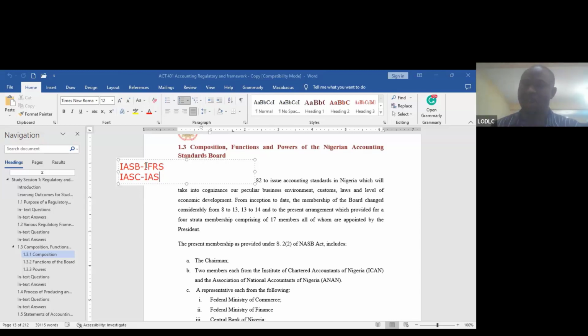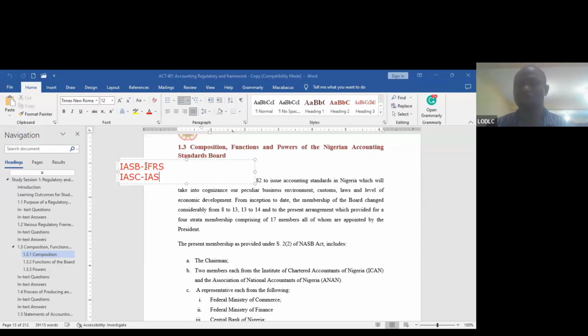International Accounting Standards Committee. Exactly. So now, the International Accounting Standards Board, which is IASB, started in 2001. Do you understand? This IASB is responsible for producing IFRS rather. So they work with the framework. That is, the framework assists the IASB in producing IFRS.